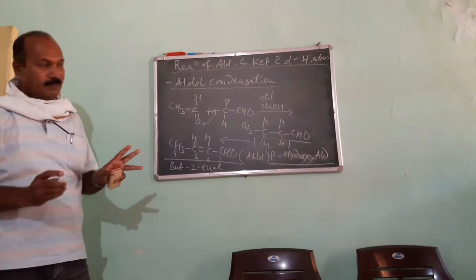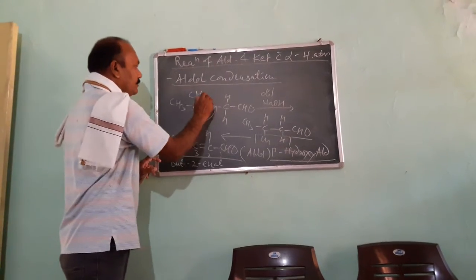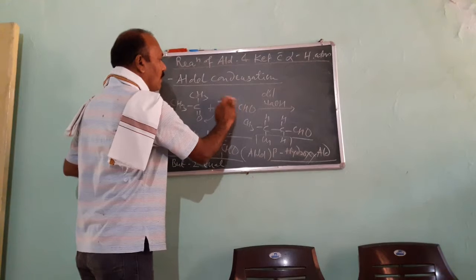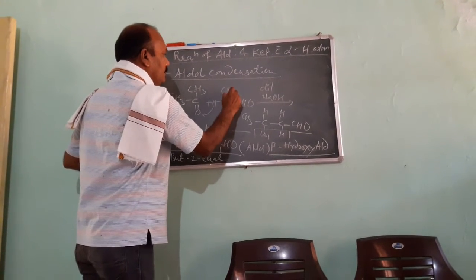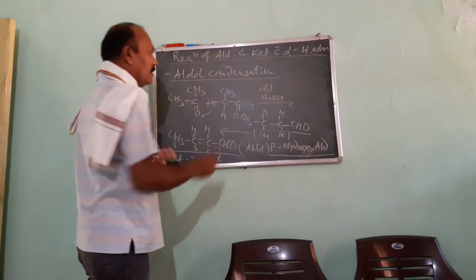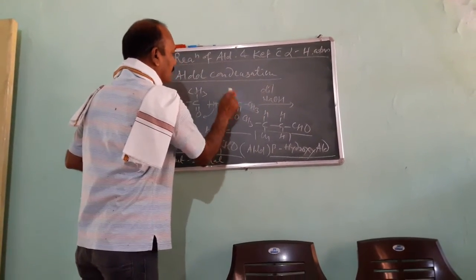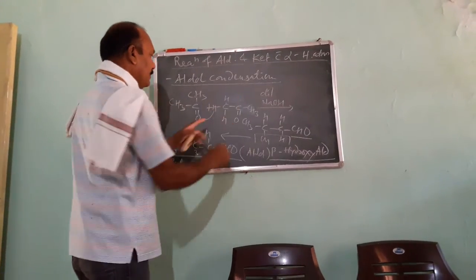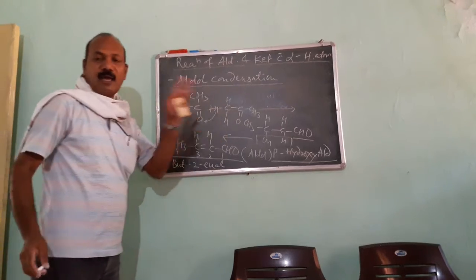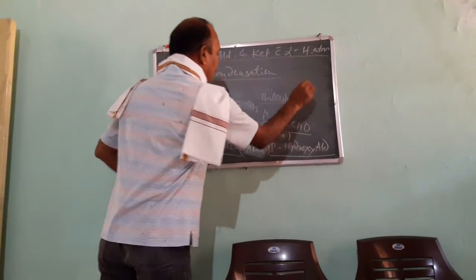When the case takes place with two acetones like this, the reaction takes place and the product is formed like this. When the reaction takes place in this way, again it takes place not in presence of dilute NaOH, but in presence of barium hydroxide.